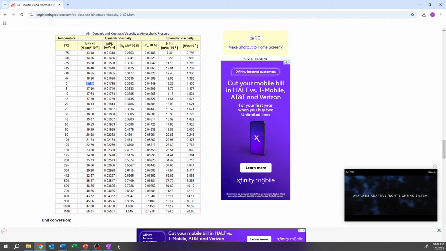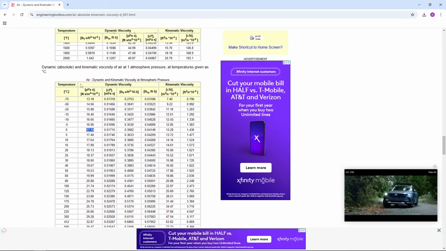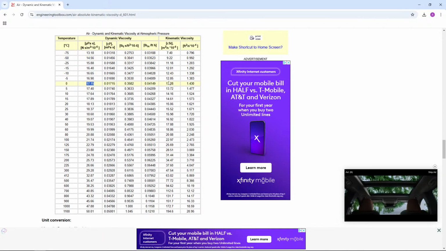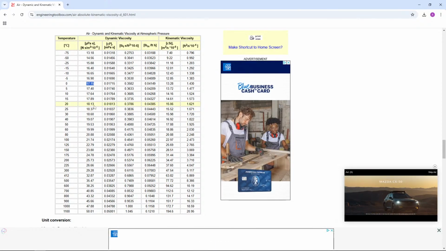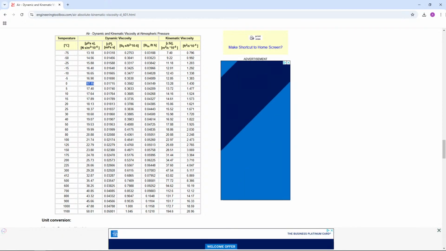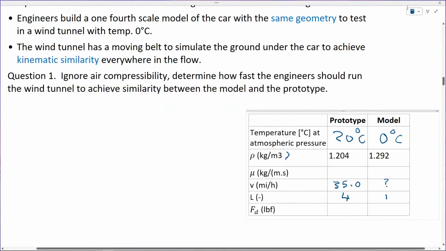So at 20, 1.8, 1.7. Yeah, that's okay. 1.7 and 1.8 10 to the power. So here, that's 1.7 e to the power minus 5, for example.